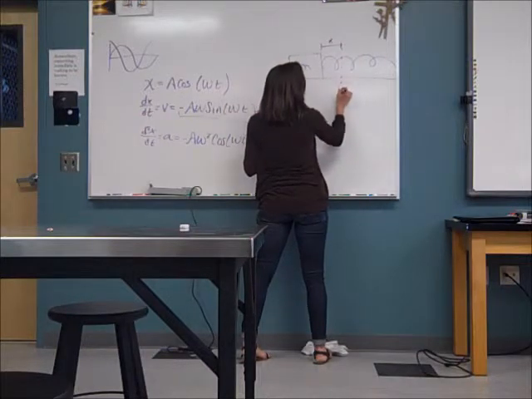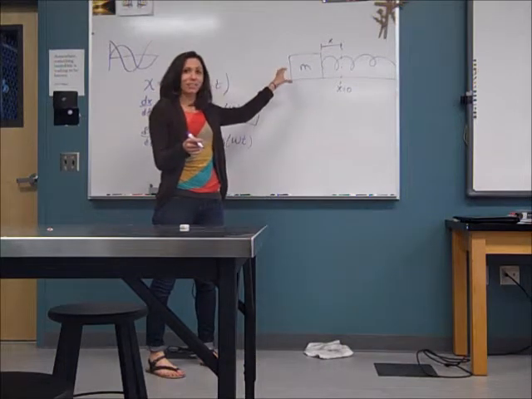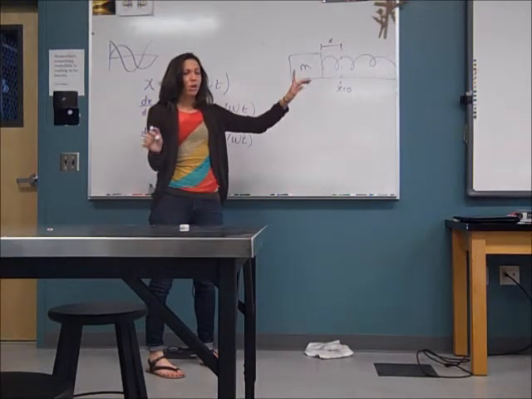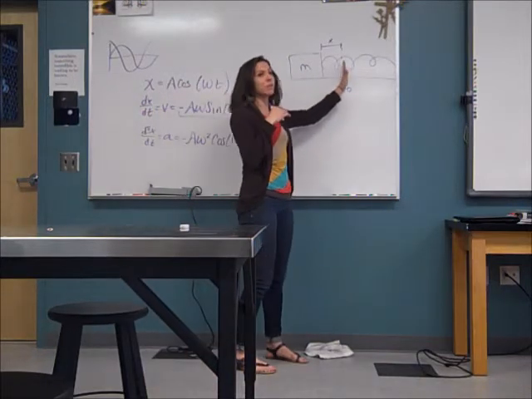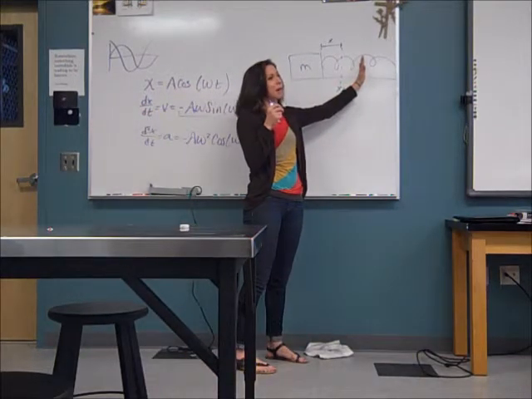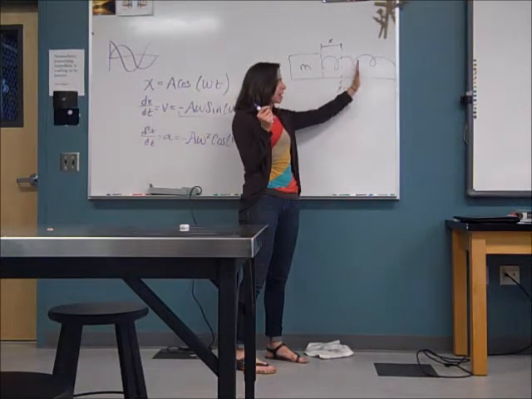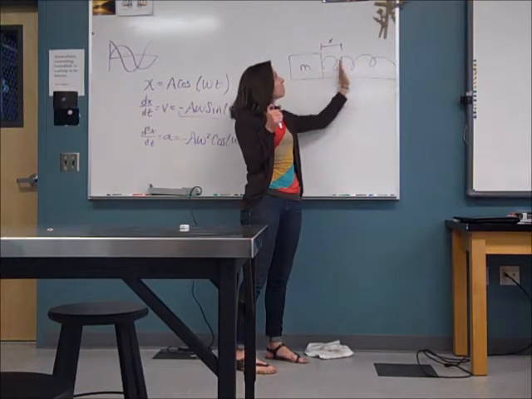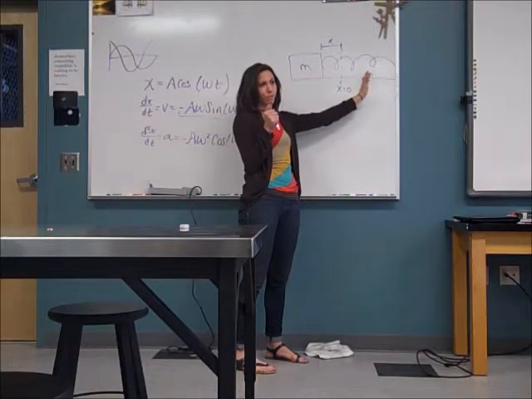So this is my x equals 0, my equilibrium point, and I pull it back. First of all, you know what's going to happen, right? It's going to move through equilibrium, compressed by the same amount, and then move back out to x, and then back in by x, back out by x, back in by x, etc., back and forth and back and forth.